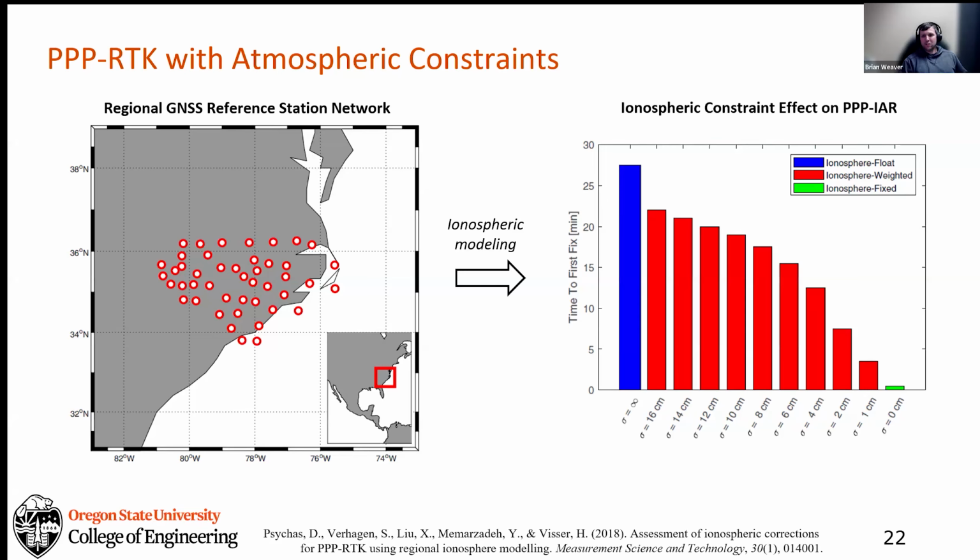So those initial convergence times depend on so many factors. It's typically best to evaluate whatever PPP software you're using for multiple stations across multiple days, distributed geographically, in order to understand what those convergence times are.